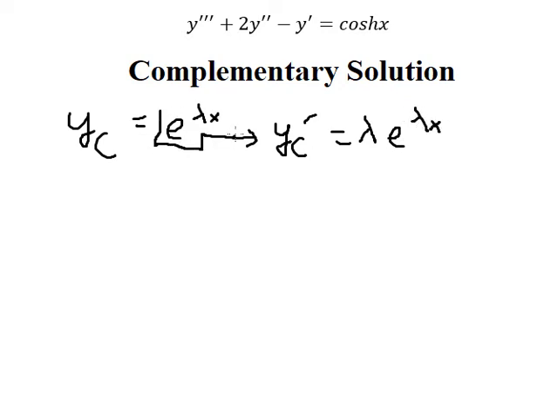For the first derivative, we keep the same e to the power of lambda s, then take the derivative of lambda s, and you get lambda.